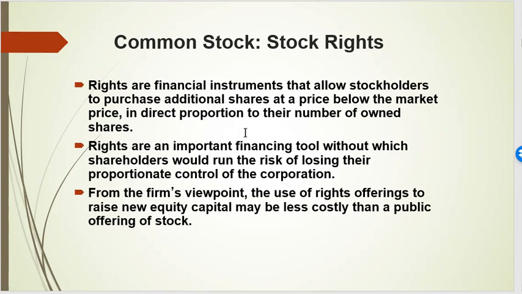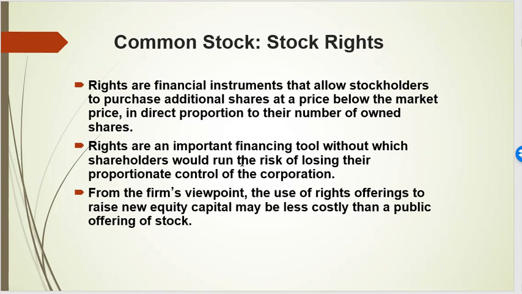So how the company does this is through a financial instrument called stock rights. Essentially, they're an important tool. They allow us to purchase shares, usually at a little bit of a lower price than the current stock price, but we have the right to buy these shares, and this right has value.